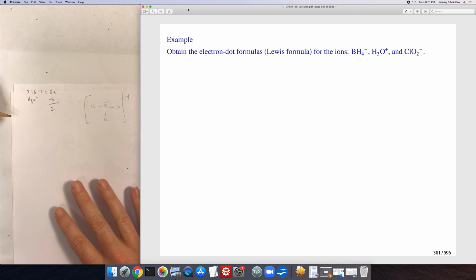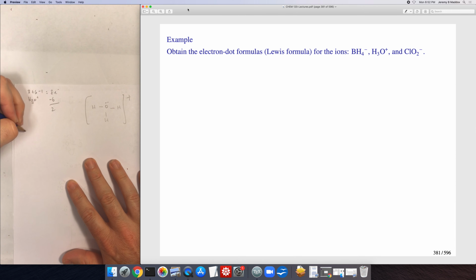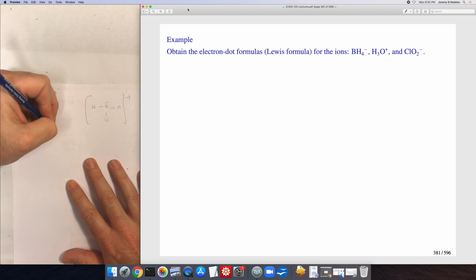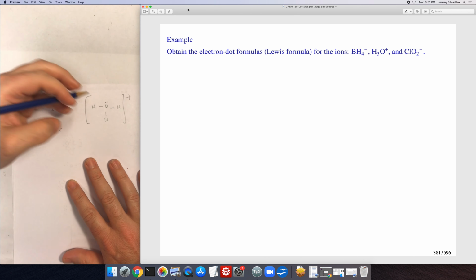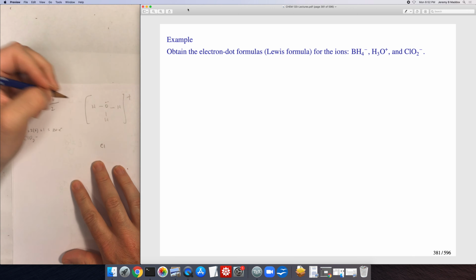And then for the chlorate ion, we get 7 valence electrons coming from the chlorine, plus 2 times 6 for the oxygen, plus 1 more because it's an anion. So we've got 12 plus 8 is going to give us 20 electrons. We've got chlorine in the center.